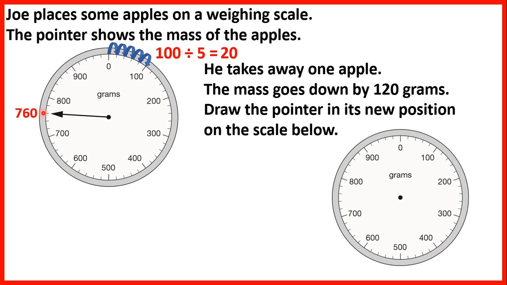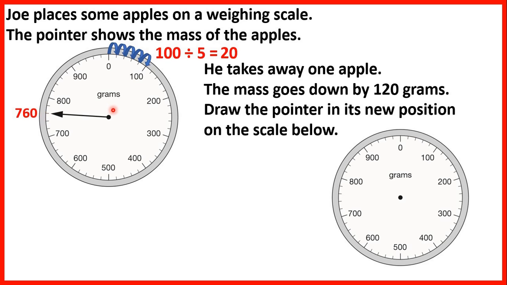So we have 760 here, because after 700, the next line will be 720, then 740, and then our pointer is showing 760.